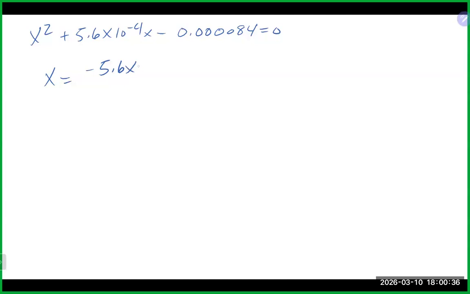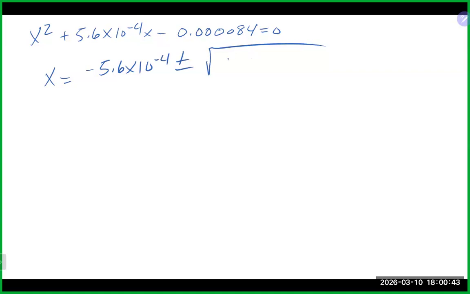So let me just flip the page maybe. Whoops, let's go the page, and we'll just do it here. We just rewrite that there. x squared plus 5.6 times 10 to the minus 4 x minus 0.000084 equals 0. So going into our quadratic, that'll be negative 5.6 times 10 to the minus 4 plus or minus the square root of b squared minus 4ac.